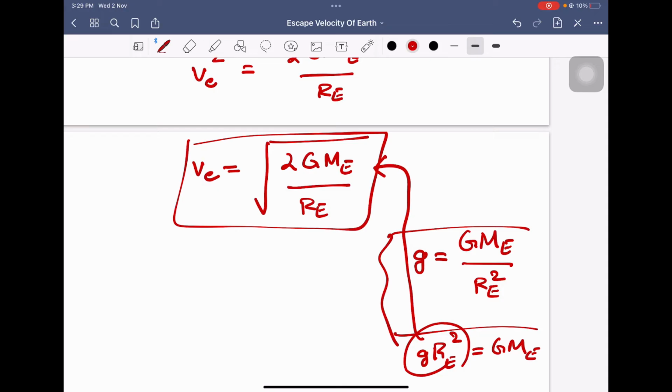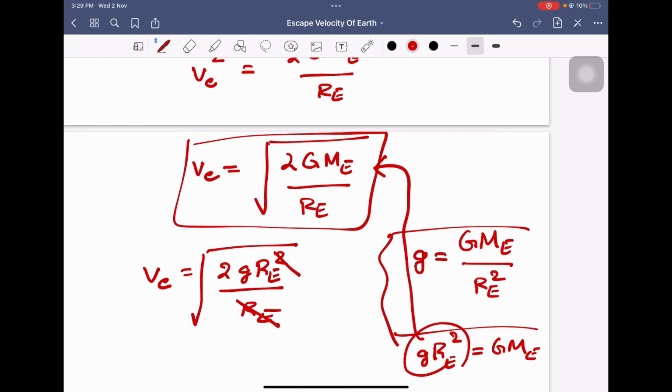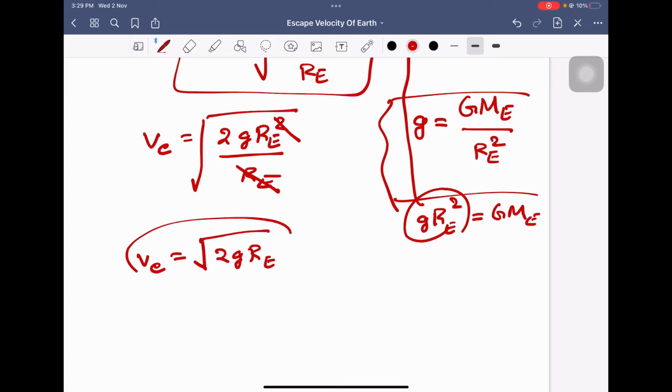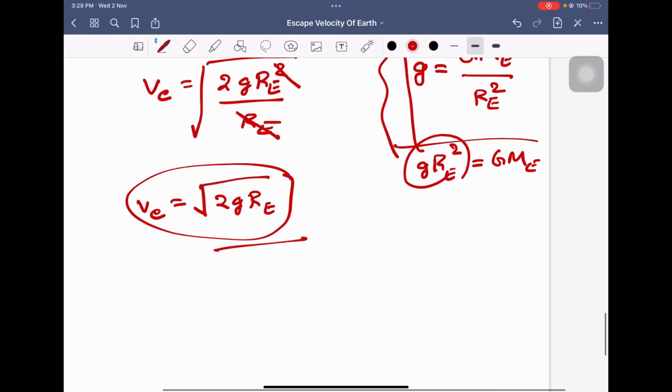Escape velocity is equal to the square root of 2 into g Re squared divided by Re. This Re and Re get cancelled. So escape velocity Ve is equal to the square root of 2gR. The escape velocity of Earth near Earth's surface is equal to the square root of 2gR. Here the derivation is over.